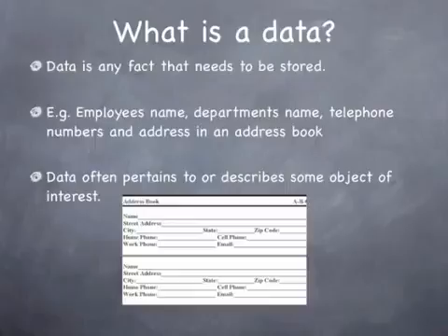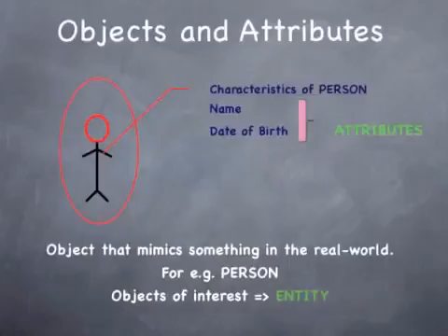Now, whenever we deal with data, it always pertains to some object of interest to us. Here we have an object that has been identified. The object is a person. Objects must most often mimic something that exists in the real world.